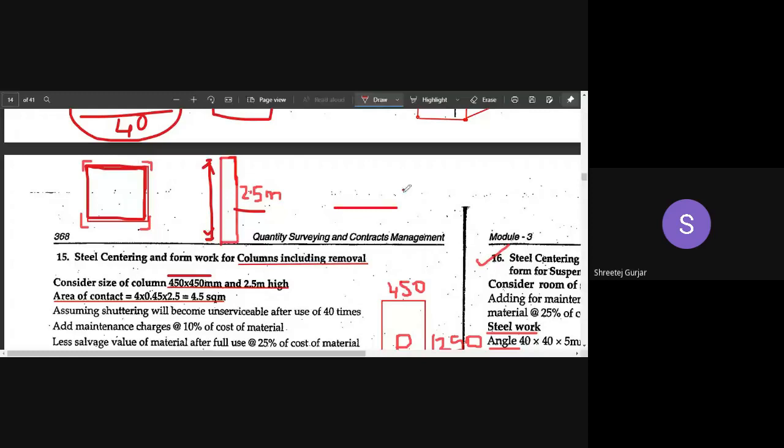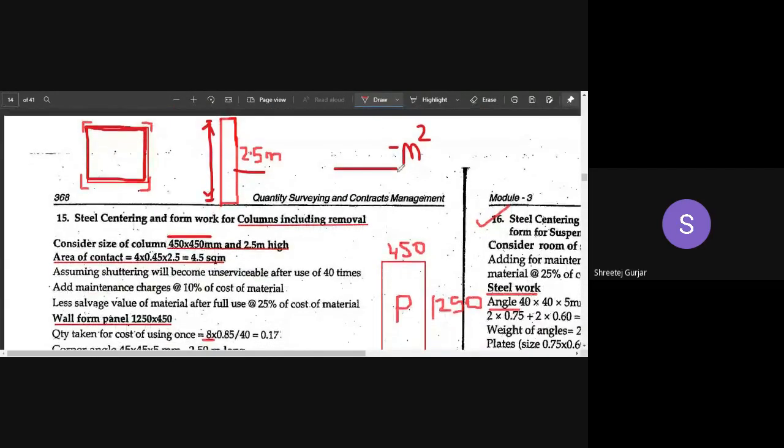It will be in square meters. Are you doing it or should I do it? Answer is already 4.5, sir. 4.5, right? The answer is already on the screen.